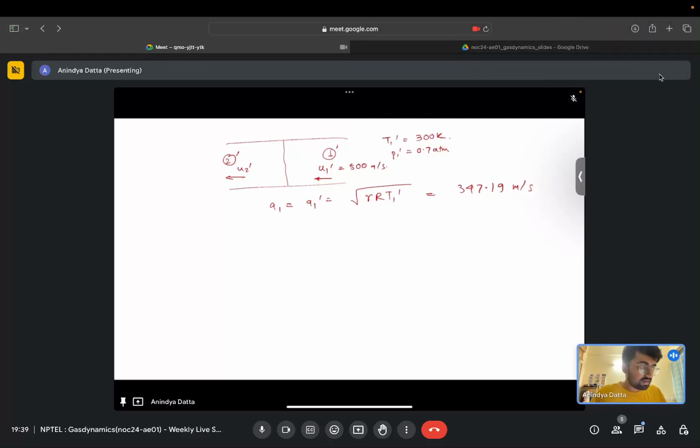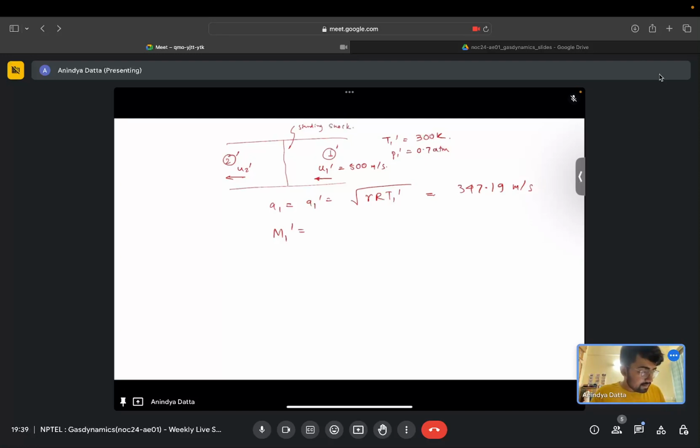All right, and the Mach number, remember we are using M1 prime here, so this is the Mach number in the changed frame of reference, when the frame of reference is attached to the shock. So this is now a standing shock.